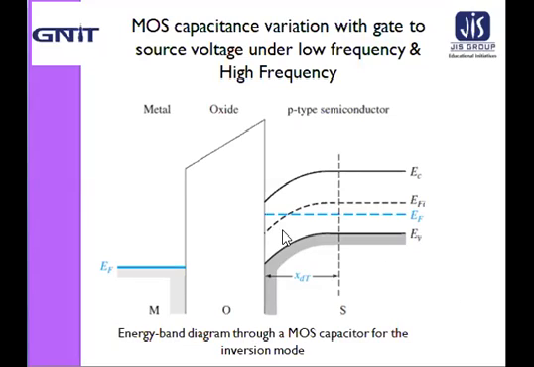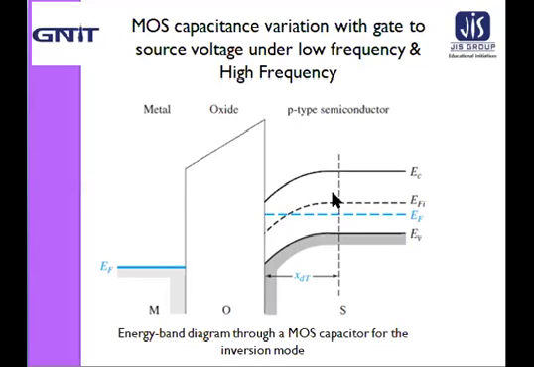Now if the AC voltage across the MOS capacitor changes rapidly, the change in the inversion layer charge will not be able to respond. Then what will be the capacitance voltage characteristics?